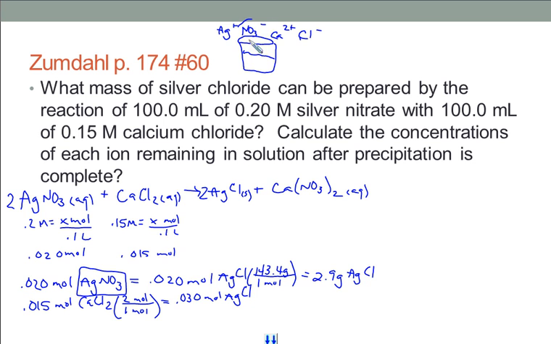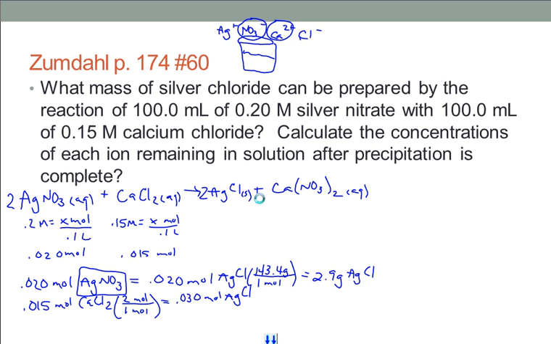The nitrate and the calcium are spectator ions in this aqueous solution. So a picture is sometimes a very helpful place to start to get an idea of the ions in solution.